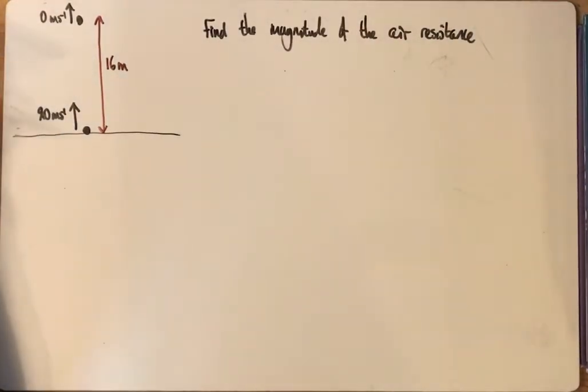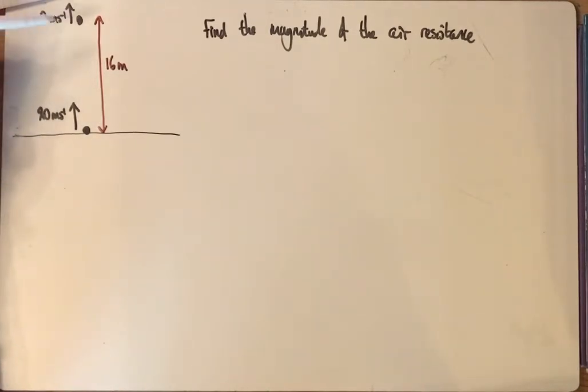So we're going to use the work energy principle. So the change in total mechanical energy of a particle is equal to the work done on the particle. So we've got this kinetic energy which is being lost, and we've also got some potential energy which is being gained.